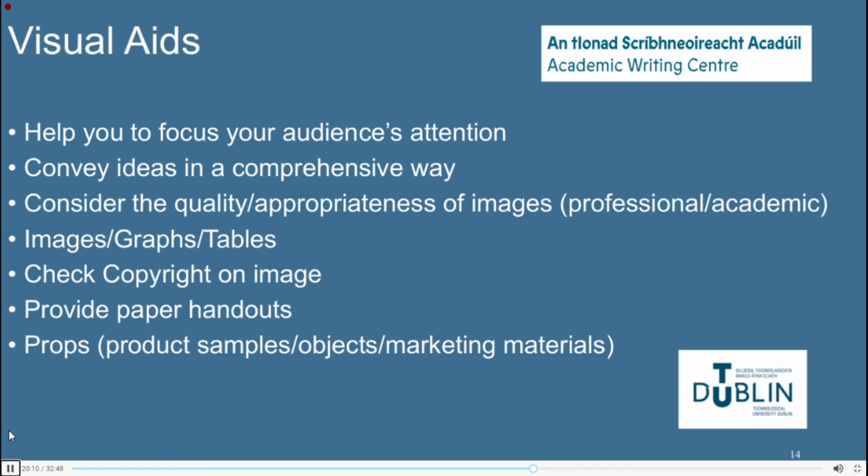They also convey ideas in a comprehensive manner, and you are to consider the quality and appropriateness of the images you are using, and also if you take images and graphs and tables, there are issues of copyright that you need to be aware of.